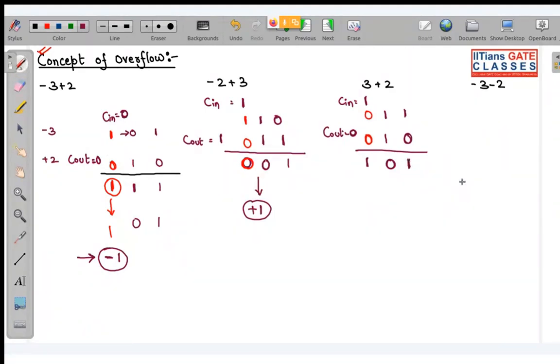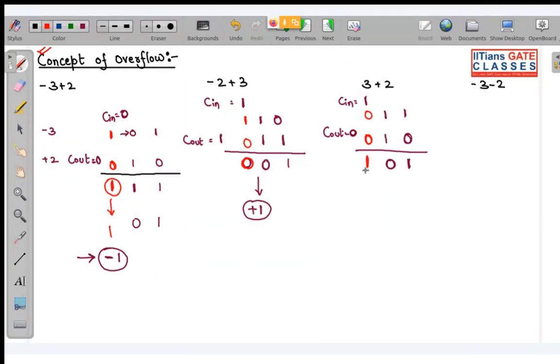Okay. So look very carefully. You can see I added two positive numbers. So when I add two positive numbers, I should be getting a positive number. But look at the sign bit of the result. It is 1.